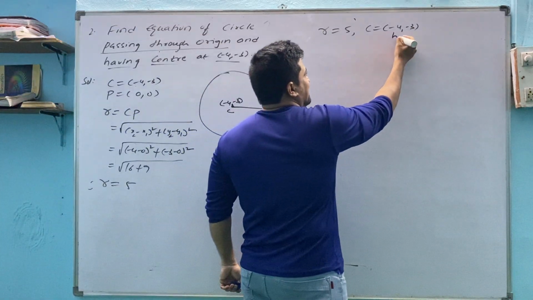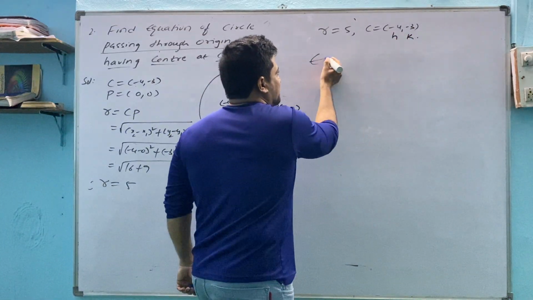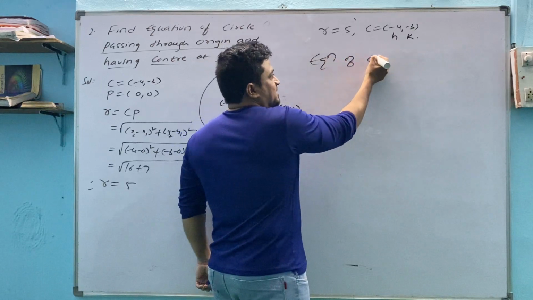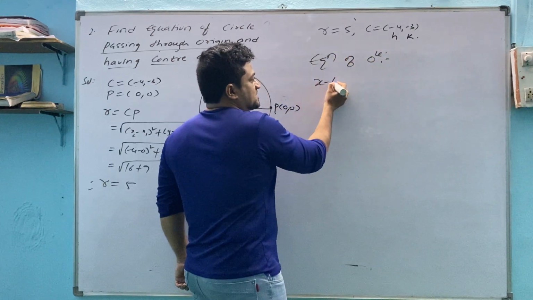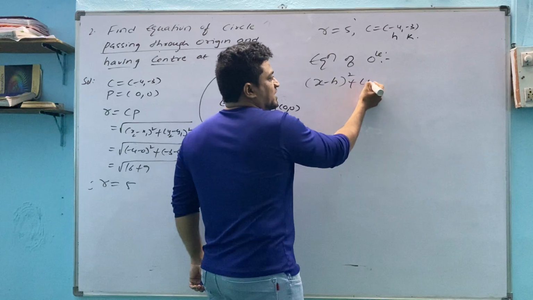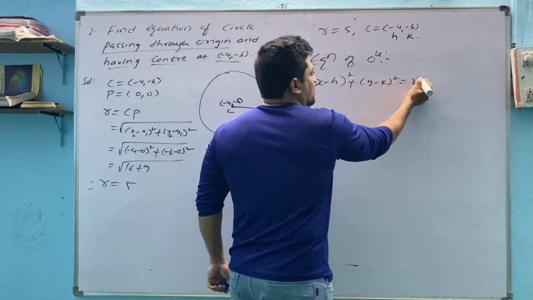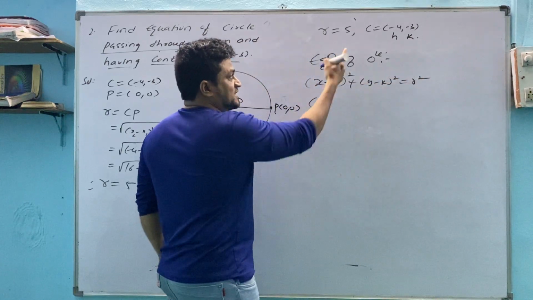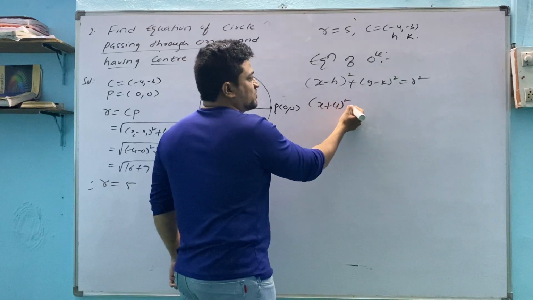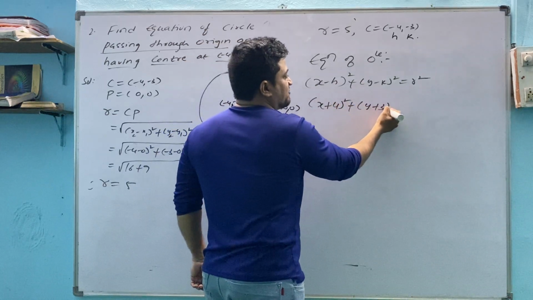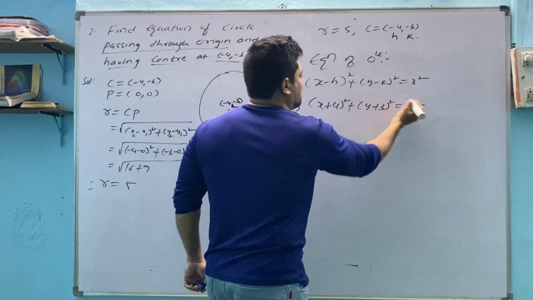So if we have radius and center, previously what we have done to find equation of circle, the same thing we have to do: x minus h whole square plus y minus k whole square equal to r square. So x minus h, minus of -4 is +4. y minus k, minus of -3 is +3. r square is 5 square.